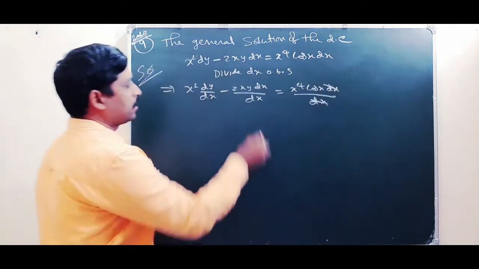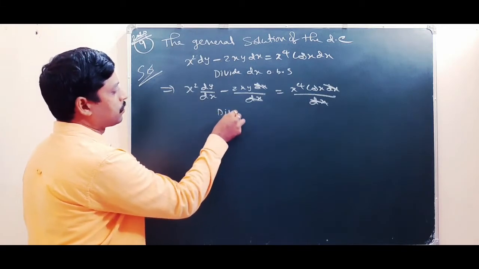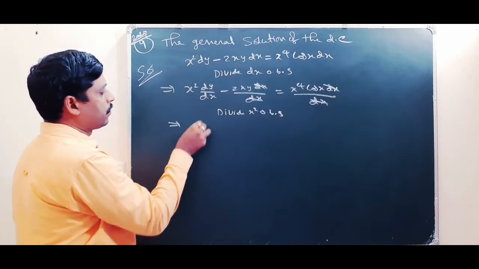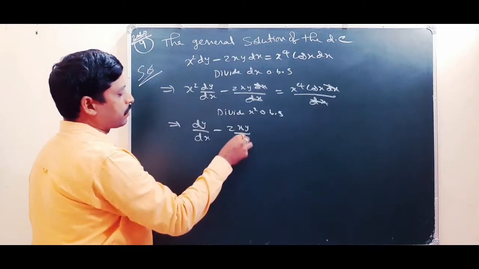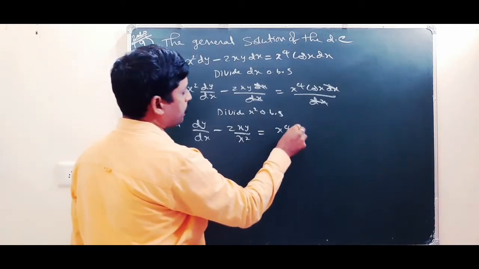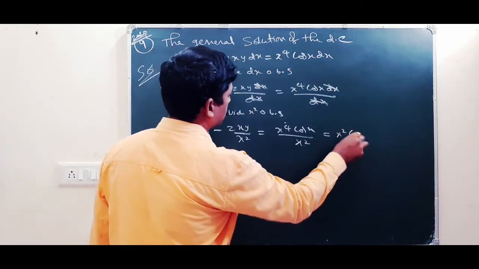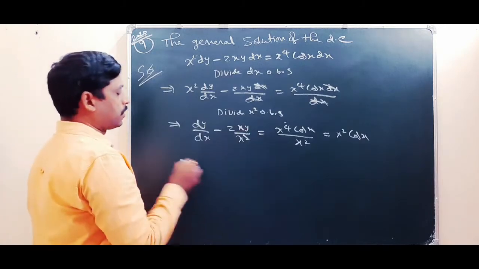One dx gets cancelled in this also. So again divide by x square on both sides. Therefore dy by dx minus 2xy by x square is equal to x to the power 4 cos x by x square. One x square gets cancelled, giving x square into cos x. In this, one x gets cancelled.